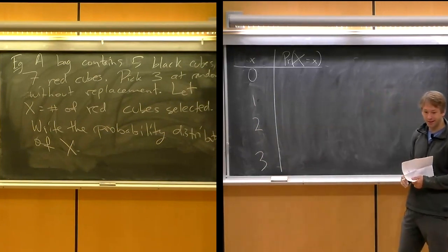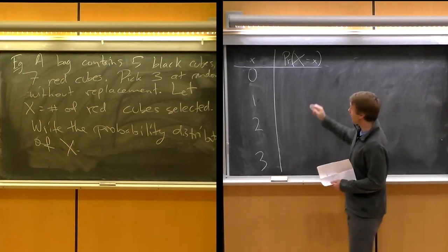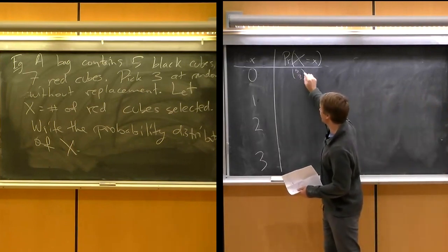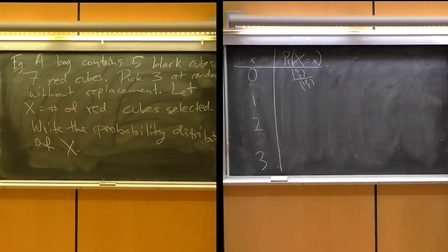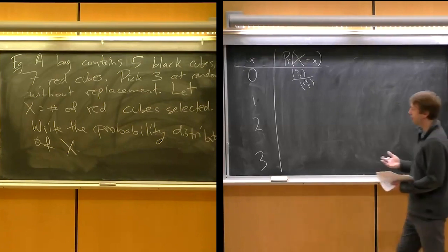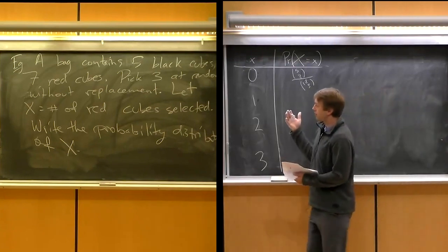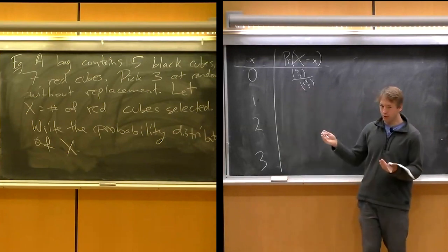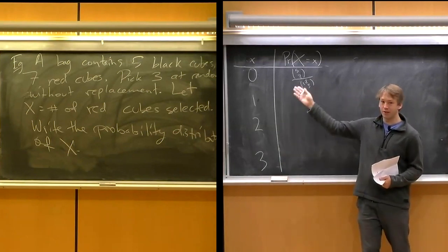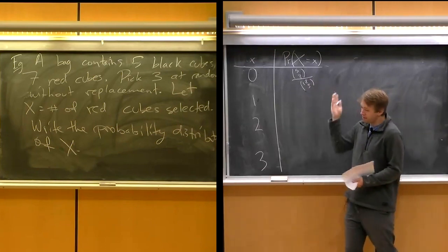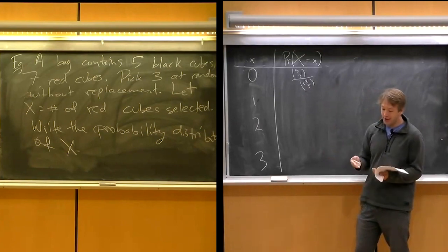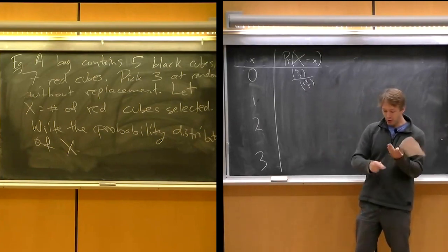Yeah? That's the hard part of it. And then we want to put a 12 choose 3 on the bottom. But getting the 5 choose 3 is the tricky part. Right, because the reason I'm doing this as an unordered selection, which means I'm writing a choose function, not a permutation thing, is that it doesn't really matter what order I pick my cubes.